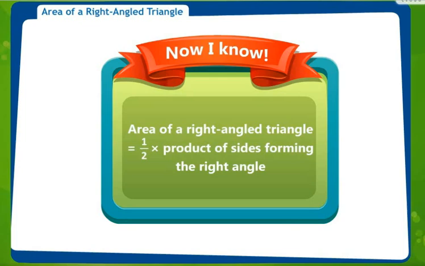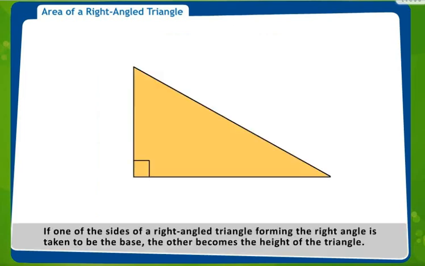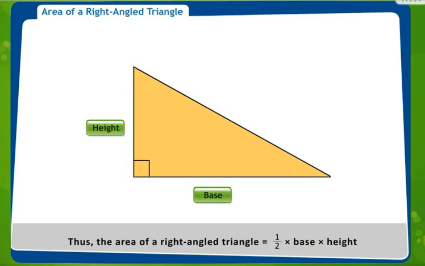So area of a right angle triangle is half into the product of the sides forming the right angle. If one of the sides forming the right angle is taken as the base, the other becomes the height of the triangle. Thus area of a right angle triangle can also be taken as half into base into height.